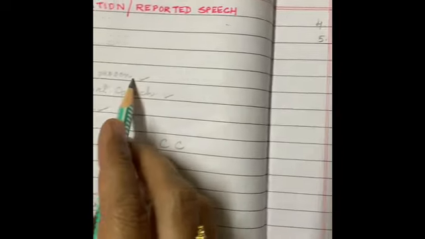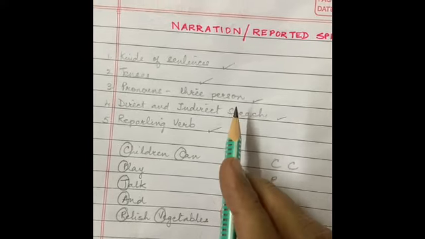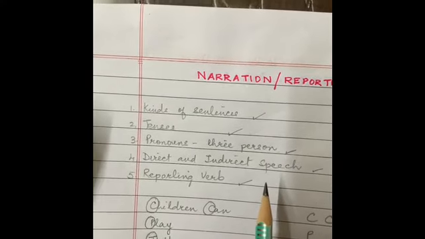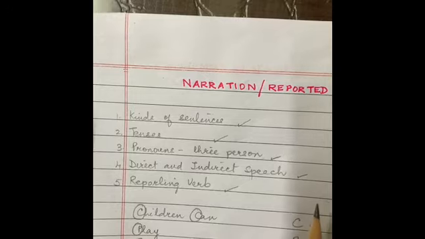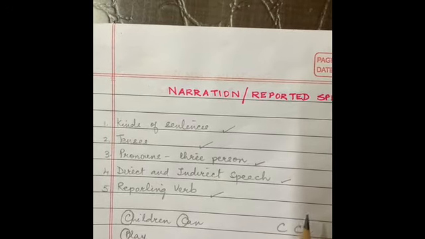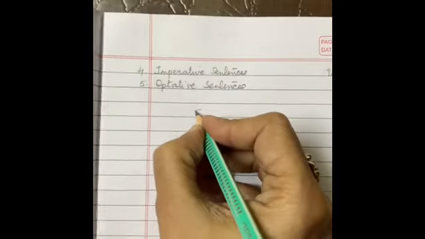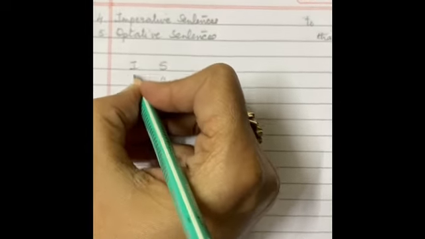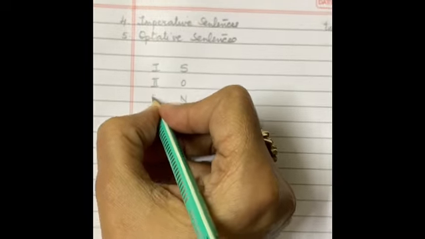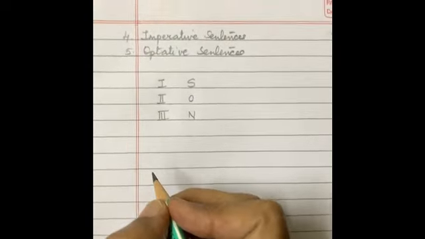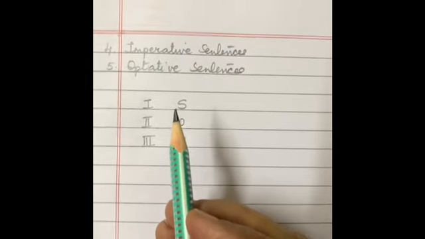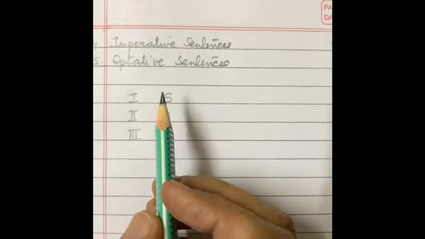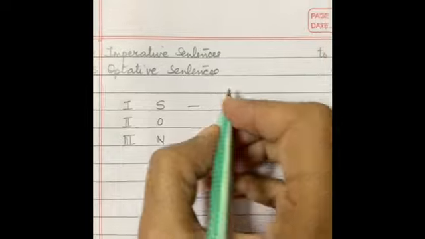Now coming to the next part, which is P, the change of pronouns. So now you know the three-person pronouns. Now there is again a mnemonic here, how to change: O-N. First person, second person, third person. The first person pronouns change according to the subject.